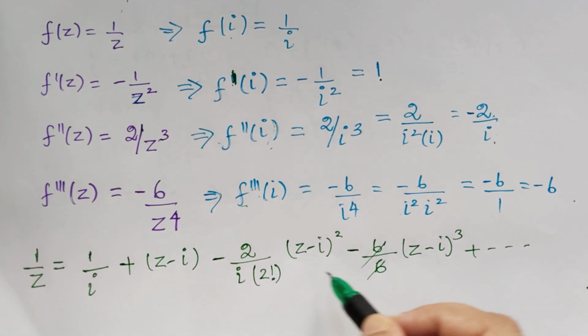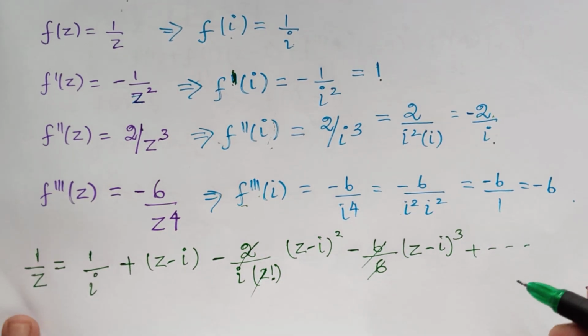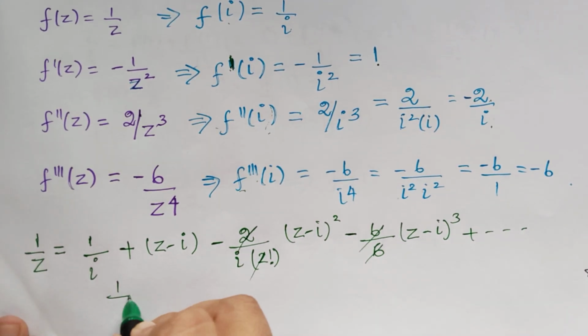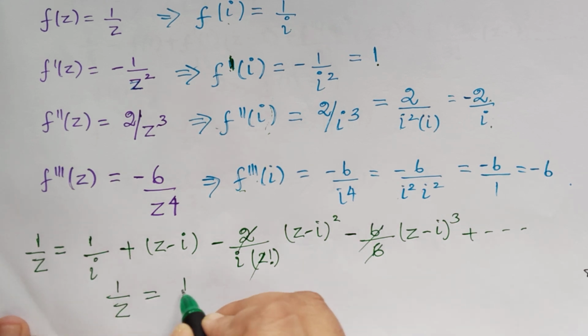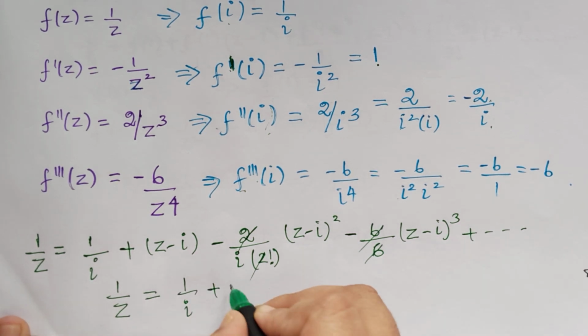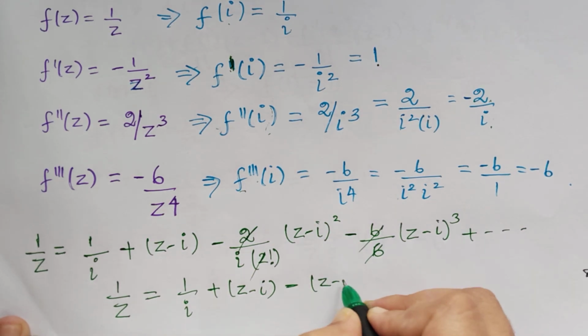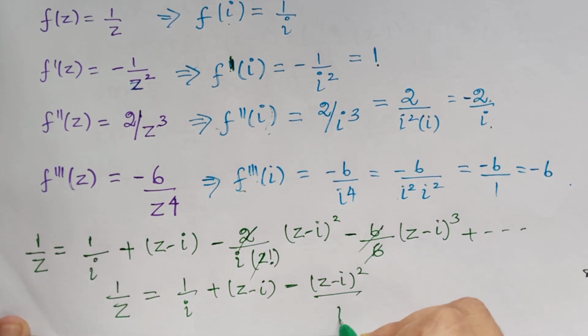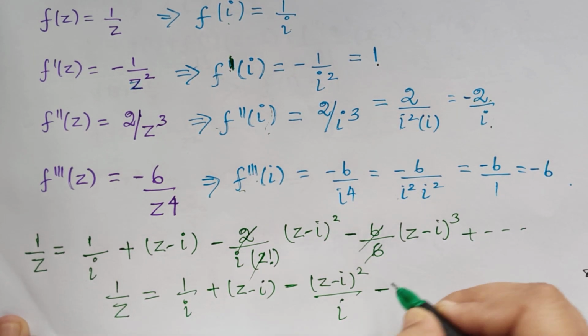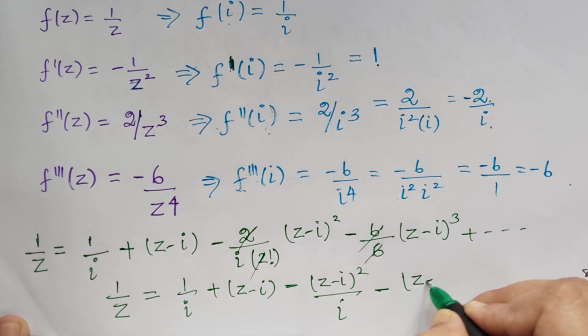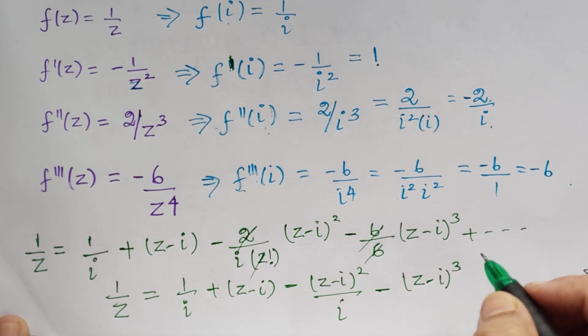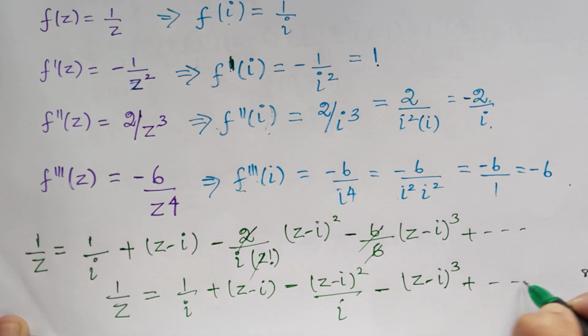So 6 and 6 get cancelled, 2 and 2 get cancelled, and so the series is 1 by z is equal to 1 by i plus z minus i, and then minus z minus i the whole square divided by i, and then minus z minus i the whole cube, plus etc. It goes on like this.